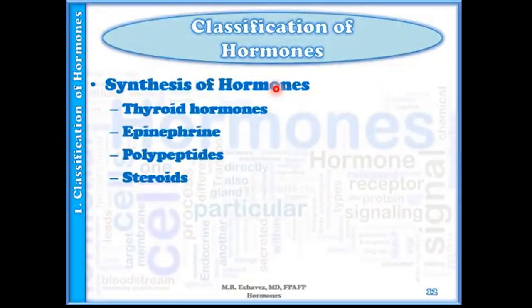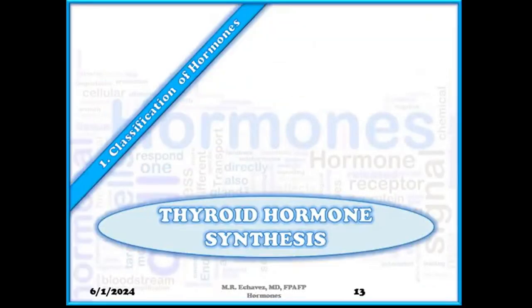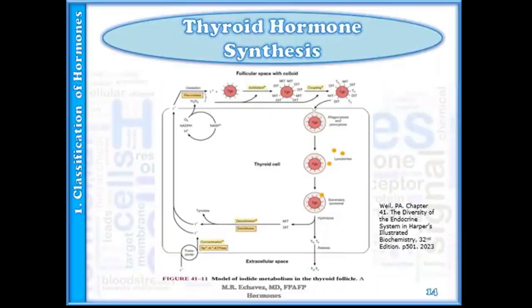Now we will proceed with how hormones are synthesized. We will discuss an example, thyroid hormone synthesis. This picture is in chapter 41, it's 41-11 in Harper's.